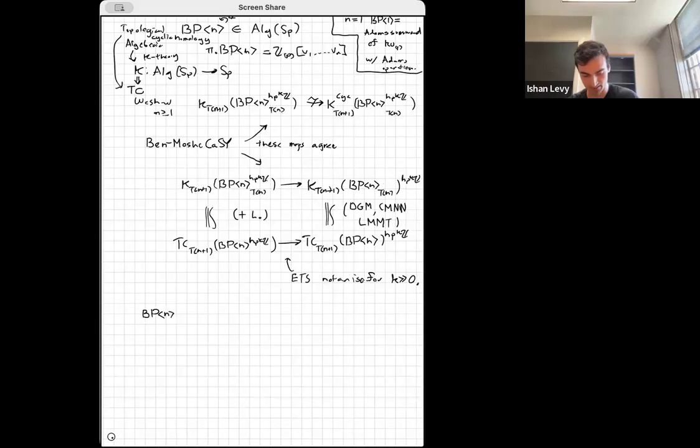So it's enough to show that this map, after you tensor with a telescope, is not an isomorphism. And for example, it's enough to show that at the level of homotopy groups.